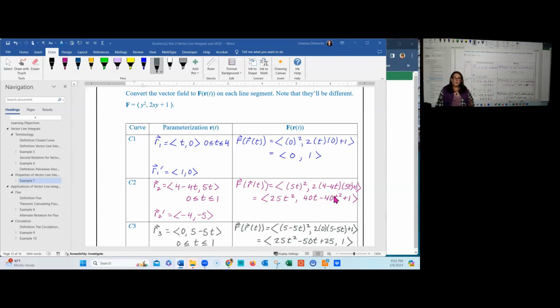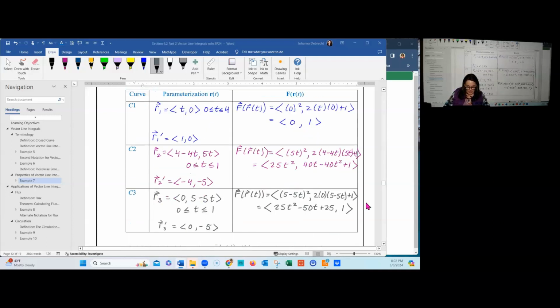In order to compute f dot dr, we need to go ahead and find f of r of t dotted with r prime of t. If you have space on your page, you can go ahead and compute it directly below. Pause the video while you compute f of r of t dotted with r prime of t for each of the 3 different parameterizations.